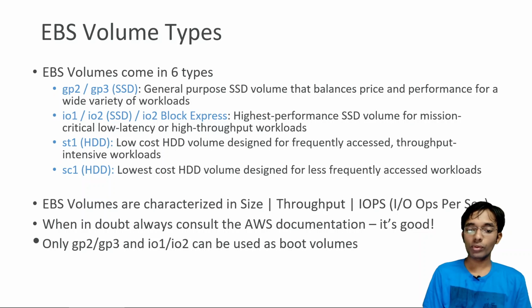The EBS volumes have general characteristics, but they are characterized in terms of throughput and IOPS, which is IO operations per second. When you are in doubt, always look at the AWS documentation. In terms of boot volumes, which is where your operating system lives for your EC2 instance, they can only be GP2, GP3, IO1, or IO2.